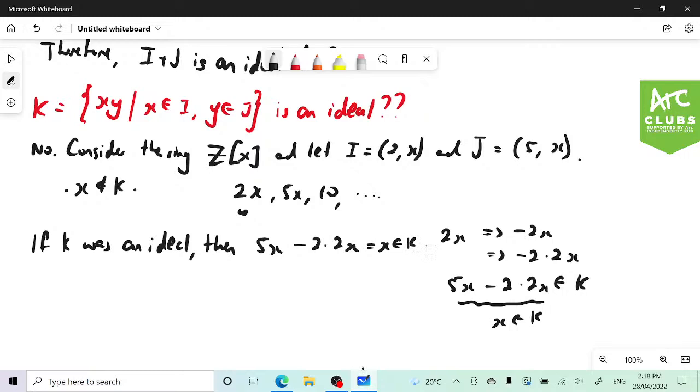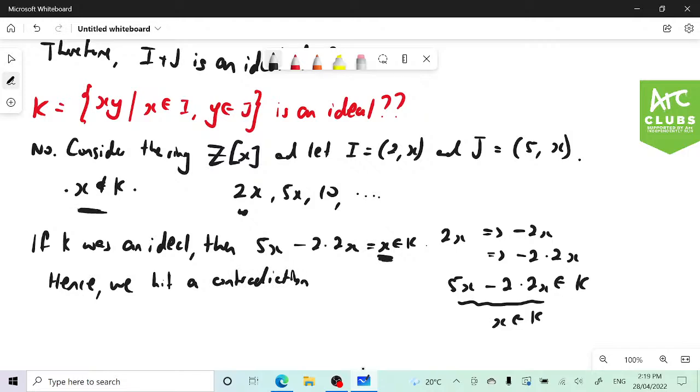But we noted that x can't belong in K because there is no element in here and here that when you take the product, you end up with x. So hence, we hit a contradiction. If it was an ideal, then we can generate x.